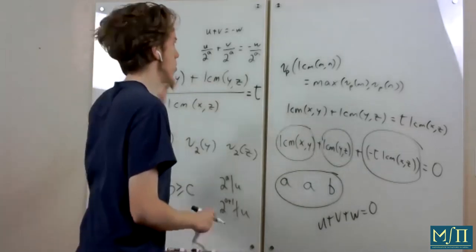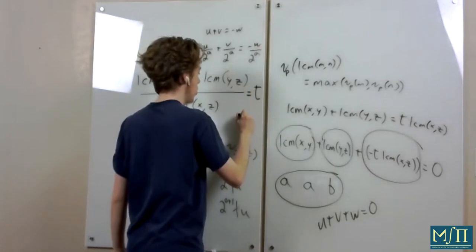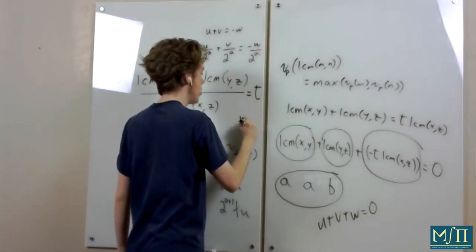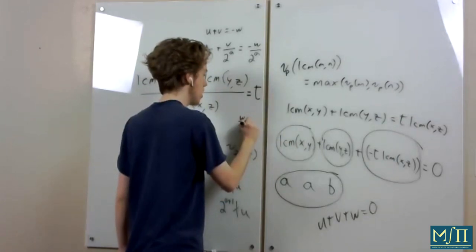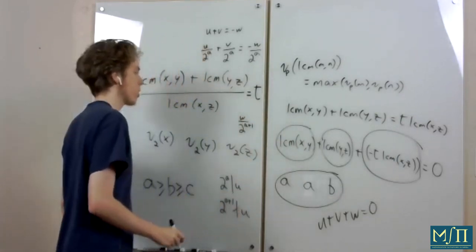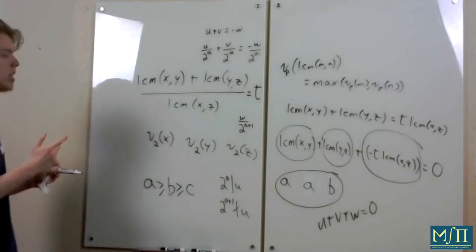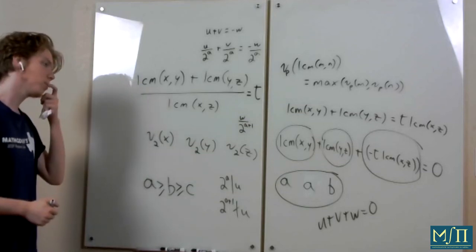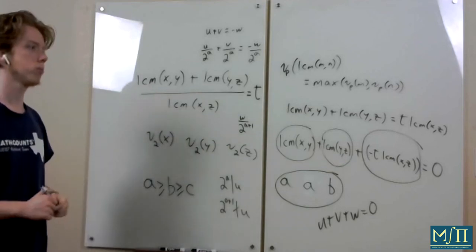But that's going to give you a problem, because if we ignore the negative, w over 2 to the a is an even integer. So we can divide by 2 again to get that w over 2 to the a plus 1 is an integer.